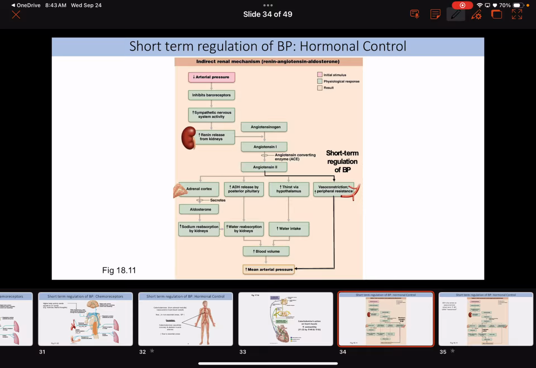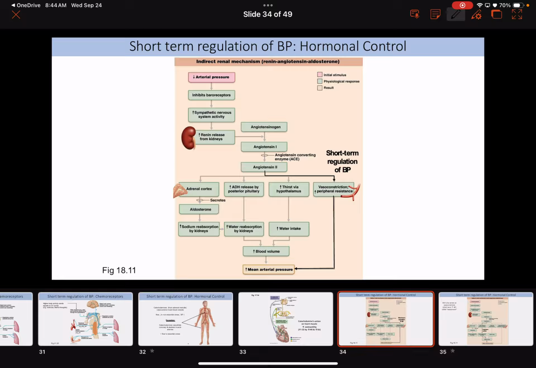So in this whole pathway, if you have a decrease in arterial pressure, this inhibits baroreceptors, meaning they're getting less signals because of that drop in pressure. And so that's going to activate our sympathetic nervous system. Anytime we have a drop in blood pressure, our sympathetic nervous system is turned on to speed up the heart to try to compensate for that low pressure.